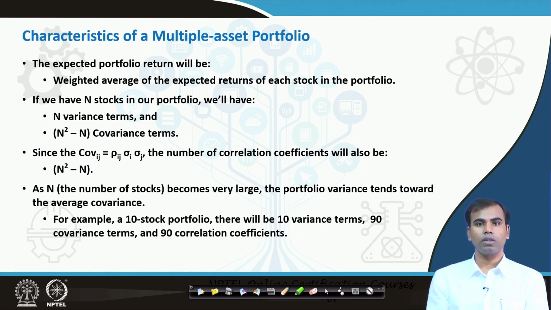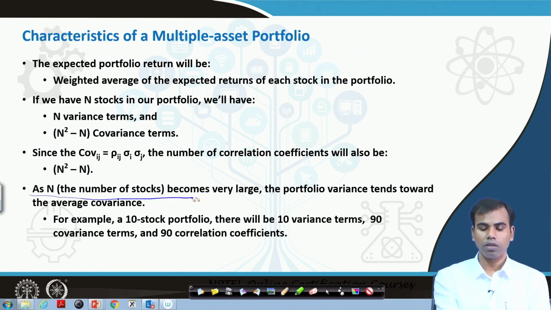So, it implies that if we have more number of assets in our portfolio, we will have more number of variance and covariance terms. So, if the number of stocks or number of assets in the portfolio is very large, then the portfolio variance tends toward the average covariance.